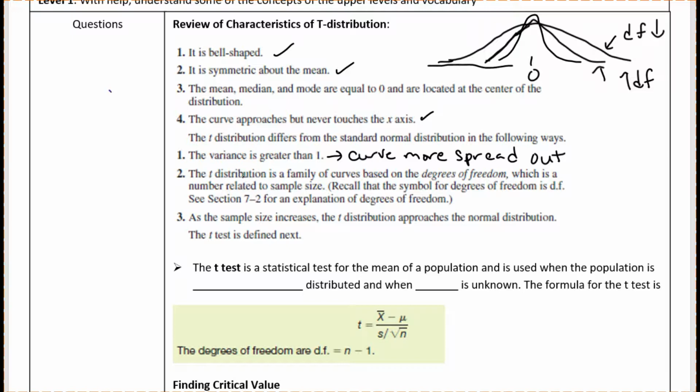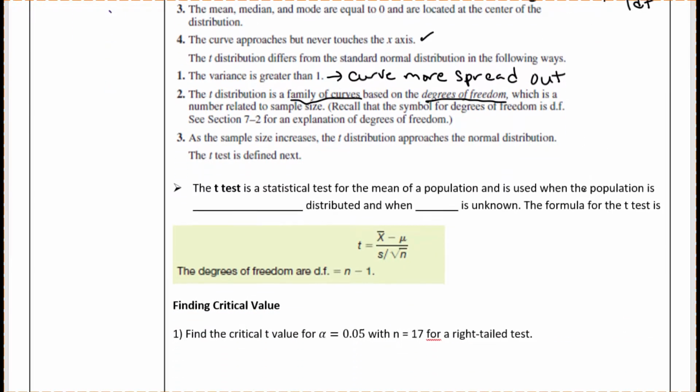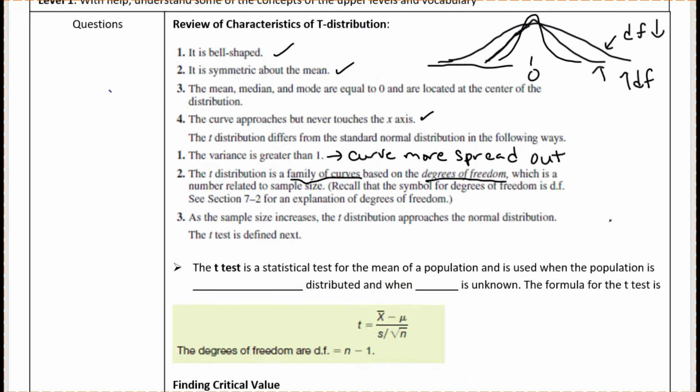And as we mentioned earlier, the t-distribution is a family of curves based solely on the degree of freedom, which is a number related to the sample size. Remember that the degree of freedom is calculated by taking the sample size and subtracting 1 from it. As the sample size increases, which means as your df increases, the t-distribution approaches a normal distribution, which you can kind of tell from the basic drawing that I have up here.